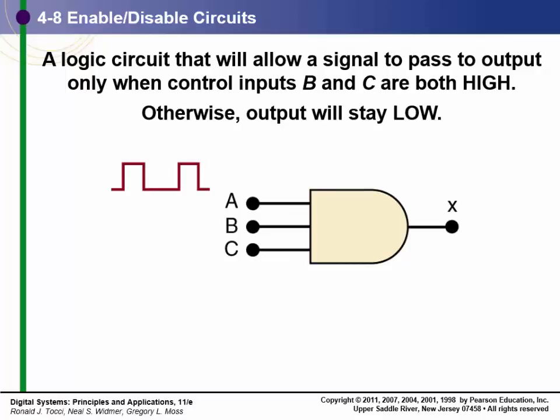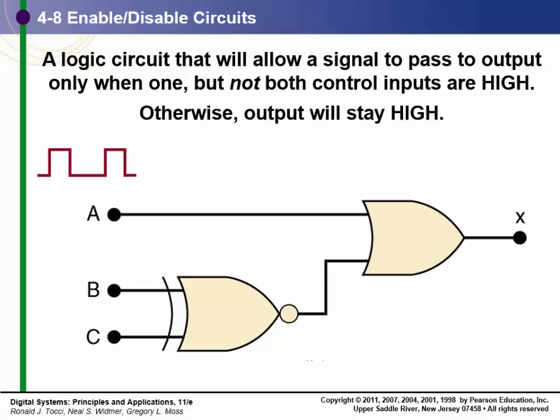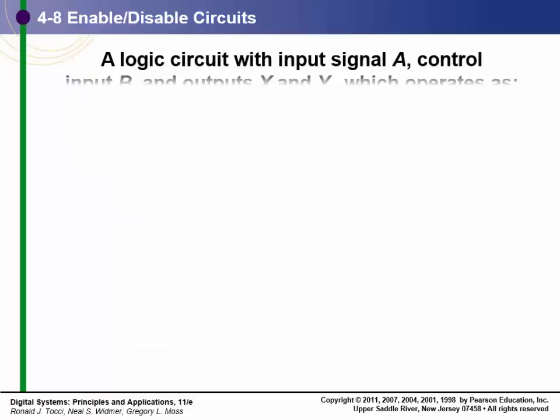This has got 2 enable lines. So this is another circuit here. I'm not too concerned with you knowing these circuits. In other words, don't spend time memorizing these circuits.